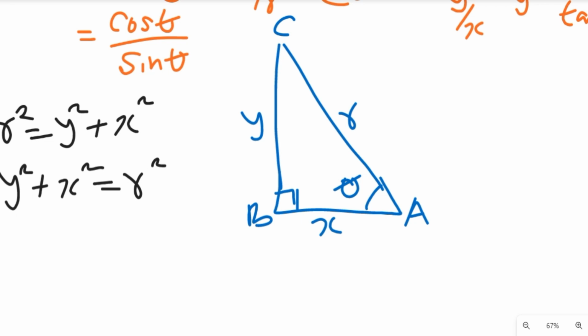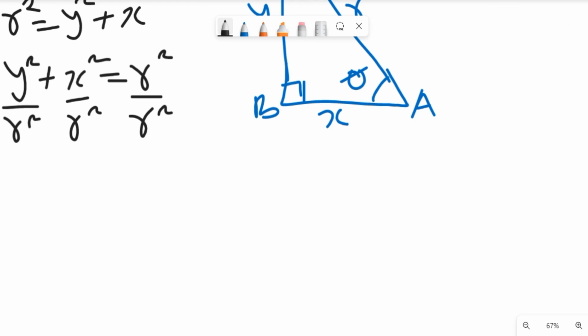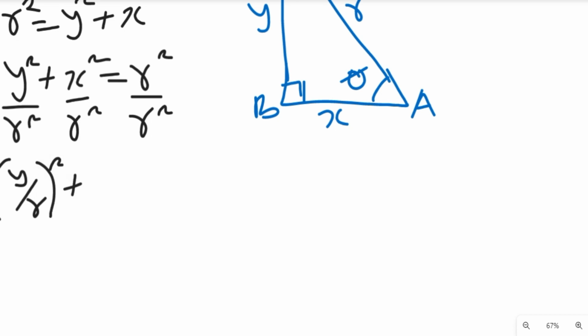Now, to derive the first trig value, we want to divide through by r square. If we divide this part by r square, here by r square, and here by r square, we are going to have y divided by r all square plus x divided by r all square, and this will be equal to 1.